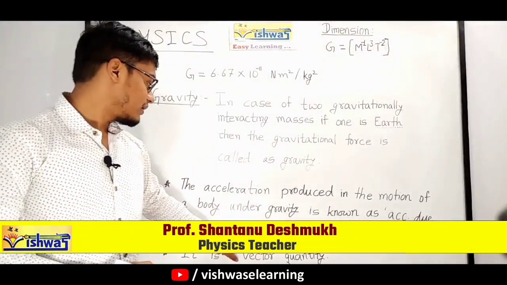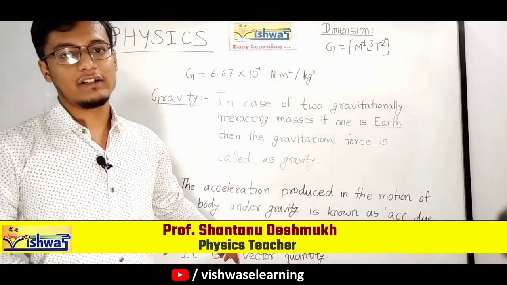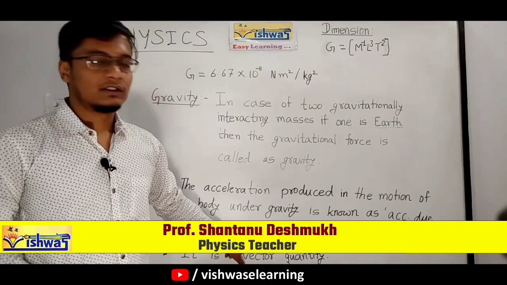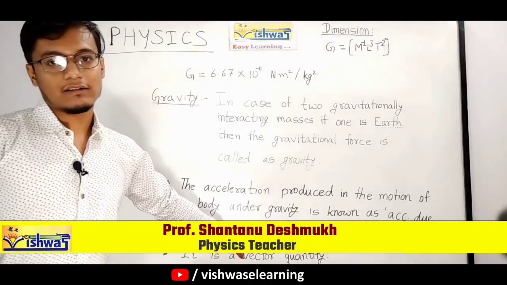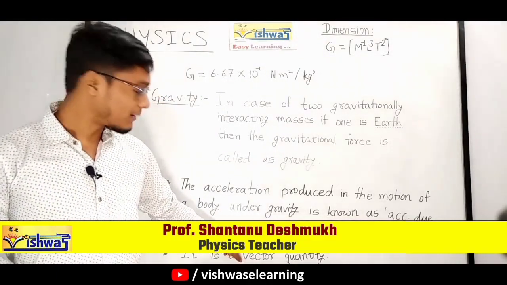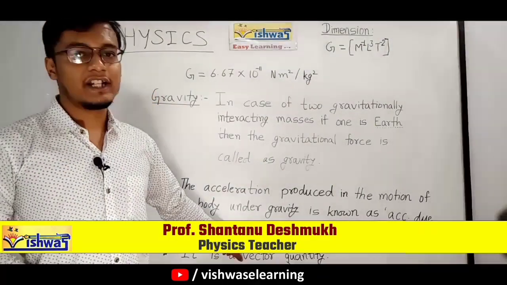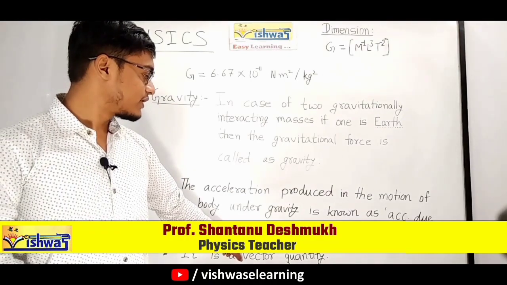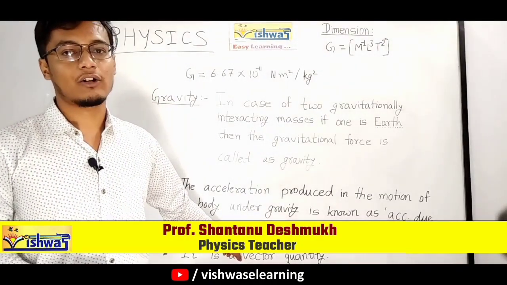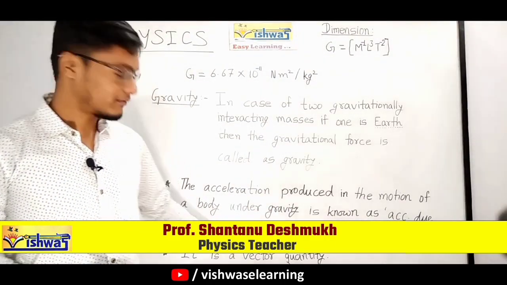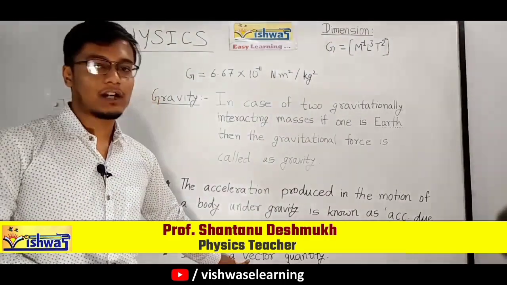Now we will see whether it is a vector quantity or a scalar quantity. It is a vector quantity, because acceleration due to gravity has magnitude as well as direction. Its direction is always towards the center of the earth, so its direction is definite, and that is why it is called a vector quantity.